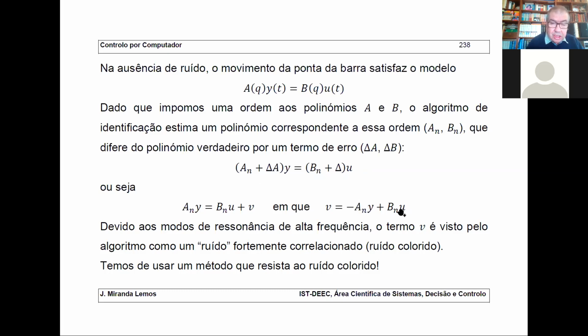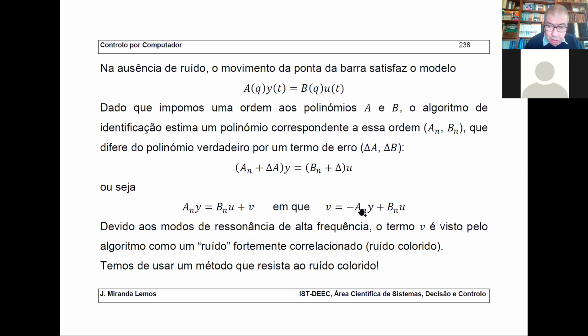So if you have non-zero initial conditions, which you will have because you are exciting the bar, this will appear as a disturbance that is highly correlated because it is oscillating. It goes up and down in a certain pattern, which is probably even periodic. When something is periodic, you don't have any independence in time because you oscillate in a certain pattern.